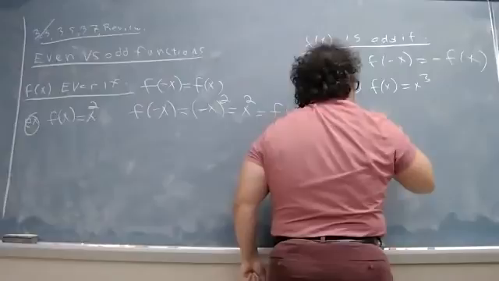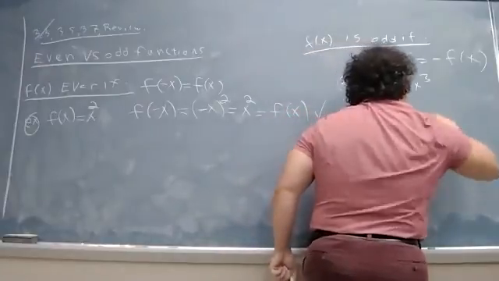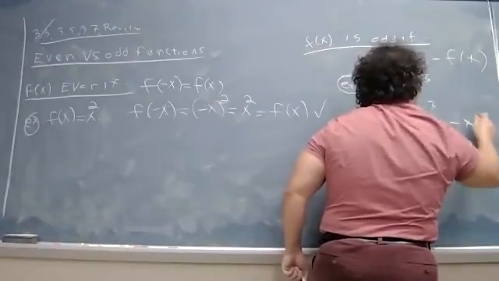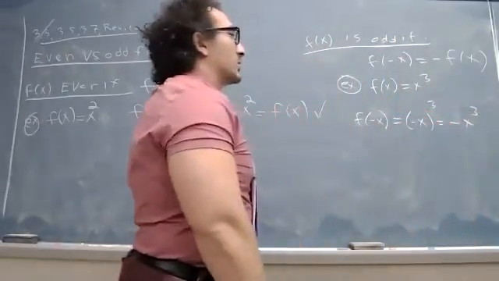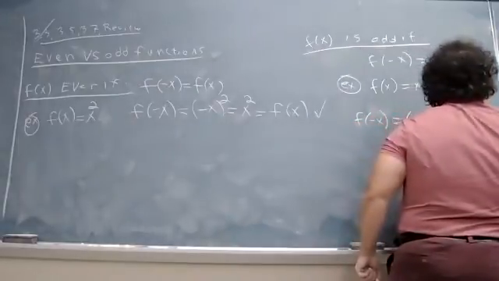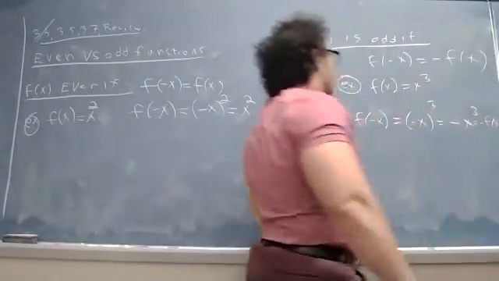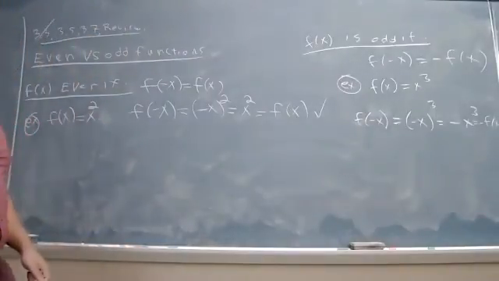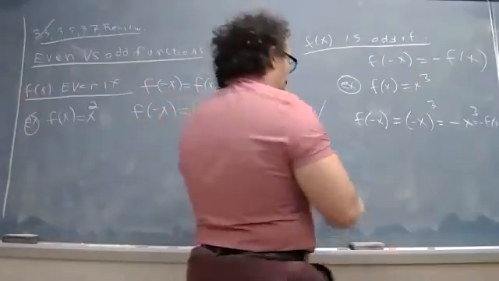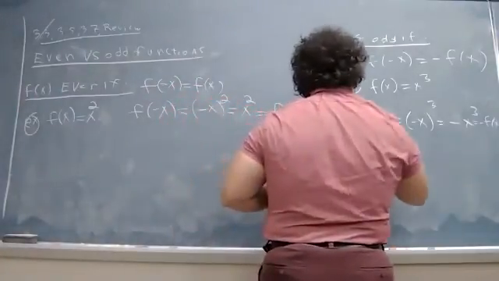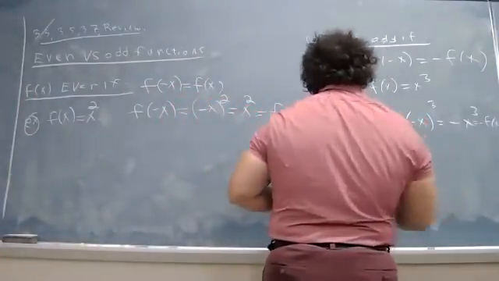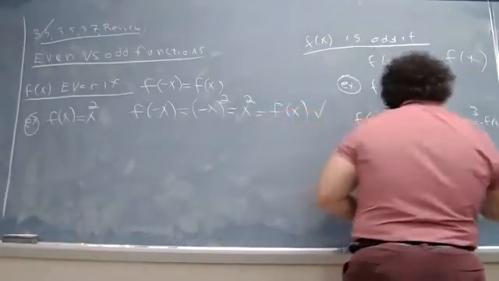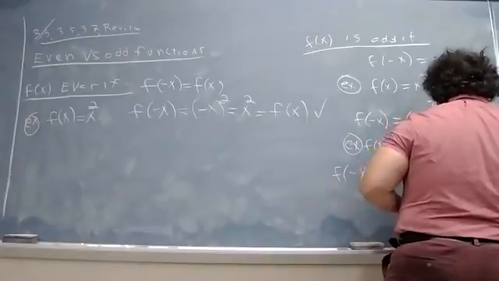Well, because f of negative x is the same thing as negative x cubed, which is equal to negative x cubed on the outside, which by definition is negative f of x. Another example of an odd function is just f of x is equal to x, because f of negative x is equal to negative x, which is by definition negative f of x.